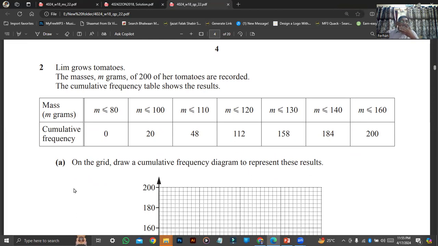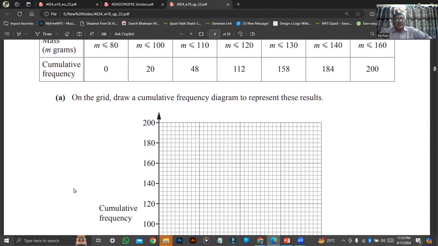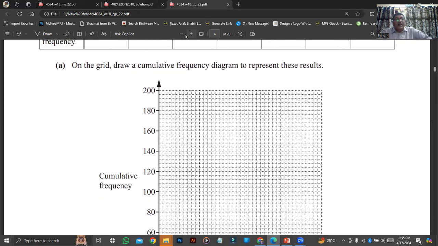So the tomatoes less than 80 grams, they are 0; less than 100 grams, they are 20; less than 110 grams, they are 48; less than 120 grams, they are 112 tomatoes; less than 130 grams, there are 158 tomatoes; less than 140 grams, there are 184 tomatoes; and less than 160 grams, there are 200 tomatoes. So on the grid, draw a cumulative frequency diagram.